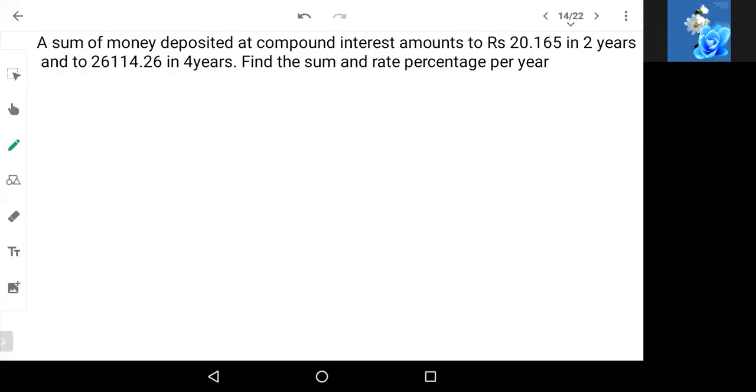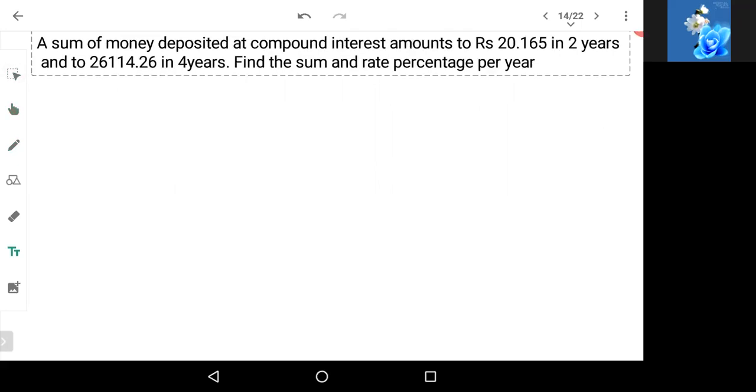Okay. So a sum of money deposited at compound interest amounts to rupees 20,165 in 2 years and to 26,114.26 in 4 years. Okay, so this is not 20,125, this is 20,165.